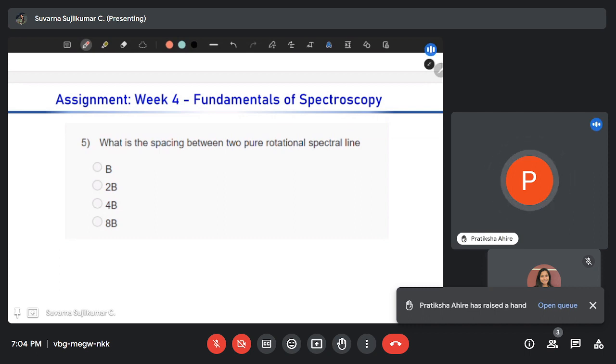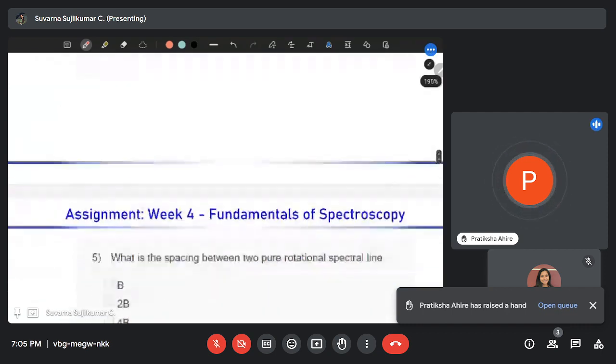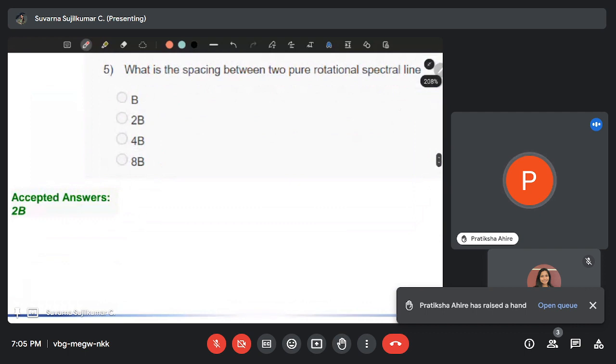I think we have discussed this last week also, where we can simulate the rotational spectra. Anybody remember? Second, ma'am. Yes, the answer is 2B.